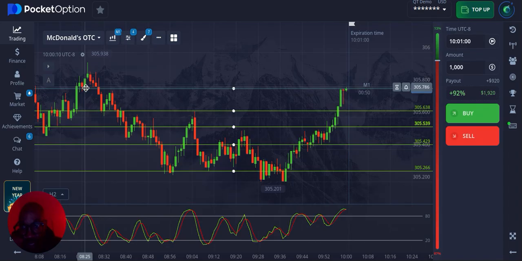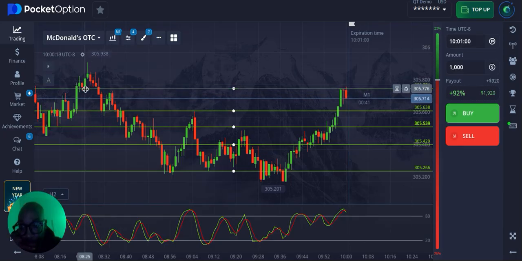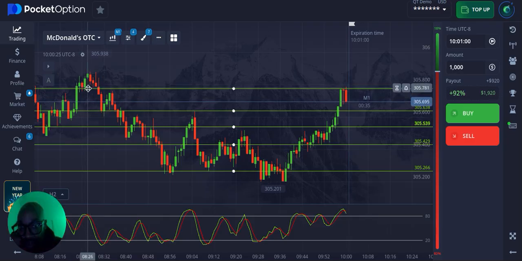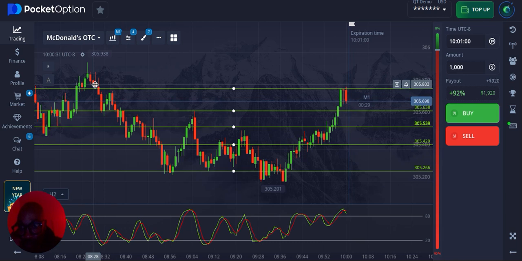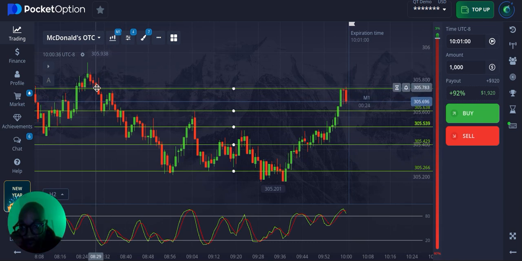So we have an engulfing candlestick that was a bullish buy, and sometimes what happens is it'll come back and retest the zone, and instead of continuing to buy, it will continue to sell through.